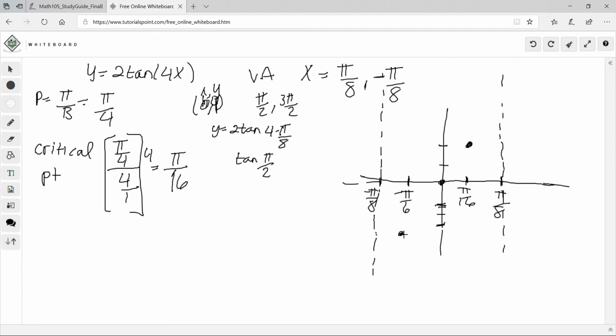Like this. So now we know it's going to look like this. Okay, so that's how you graph a tangent graph.